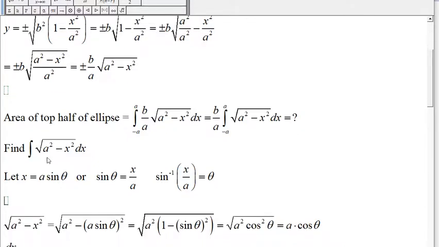Since we want to find the integral of the square root of a squared minus x squared, here we have the square root of a squared minus x squared. This is a squared, but x is a sine of theta, so here we have a sine of theta squared.